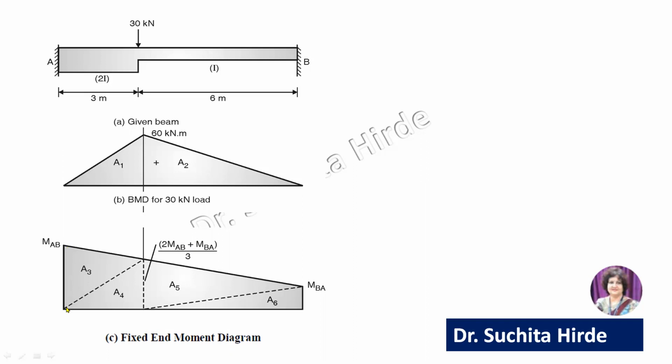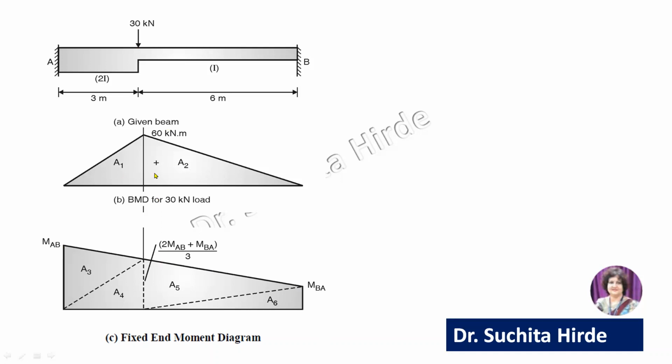We consider that fixed end moment at A is MAB and fixed end moment at B is MBA, and then we join it. That is the bending moment diagram for fixed end moment.